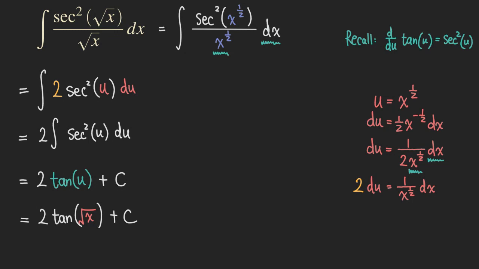Okay, so for this problem here, at the beginning it doesn't even seem like a typical u-substitution problem because you have something at the bottom, but it turns out that you can actually move it to the top so that it really just looks like a product. And when it looks like a product, then you can make your u-substitution. So when you get to this step right here, either you can manipulate this equation here to get whatever you have to match with the integral, or you can manipulate the integral.